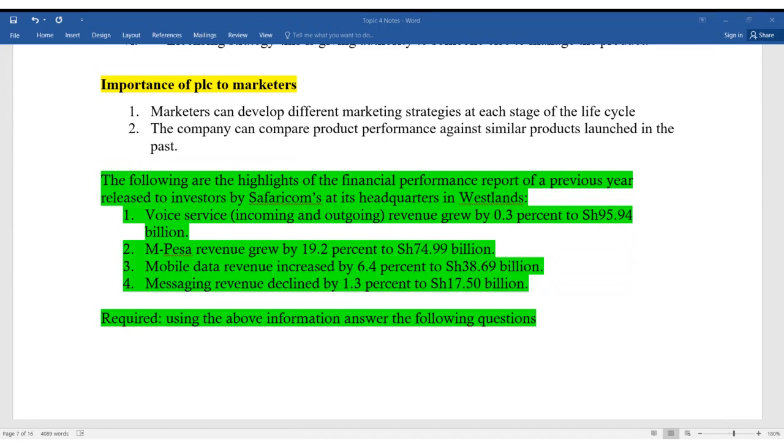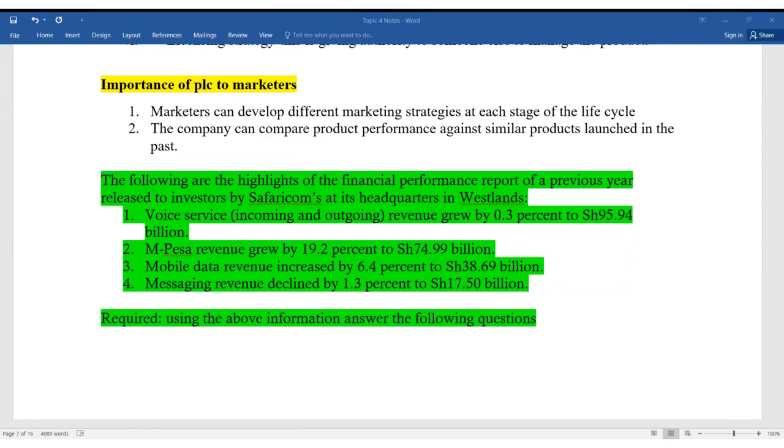Then mobile data, that is the bundles. Mobile data increased by 6.4% to 38.69 billion. Then messaging declined by 1.3% to 17.5 billion.